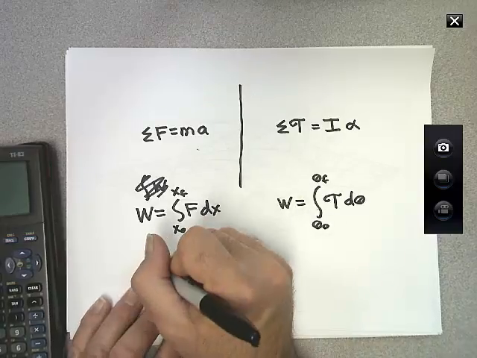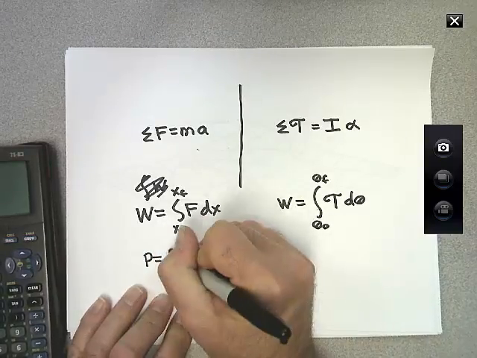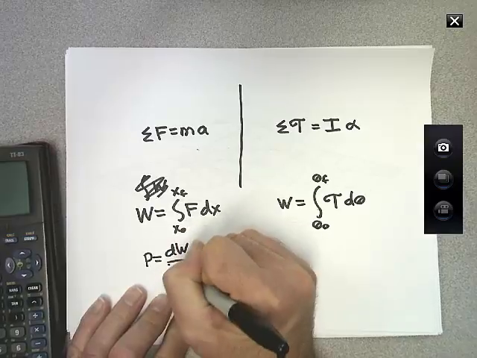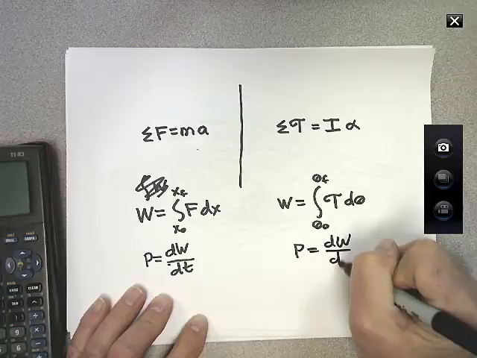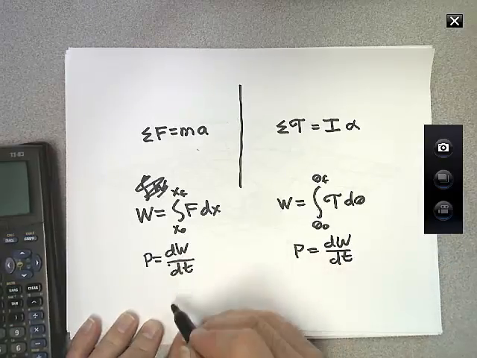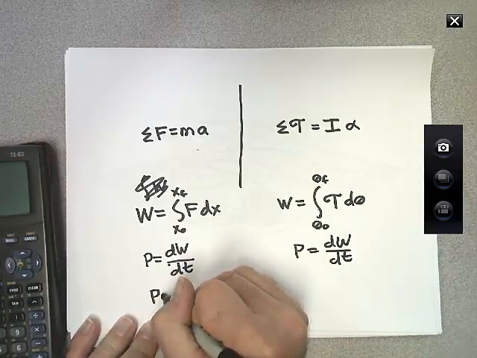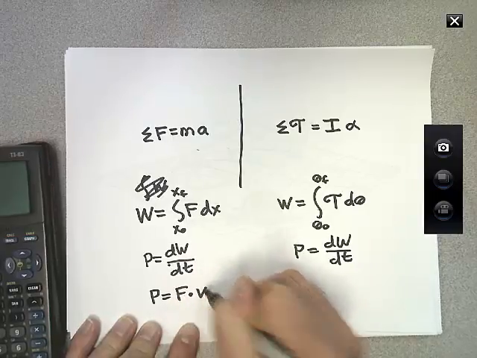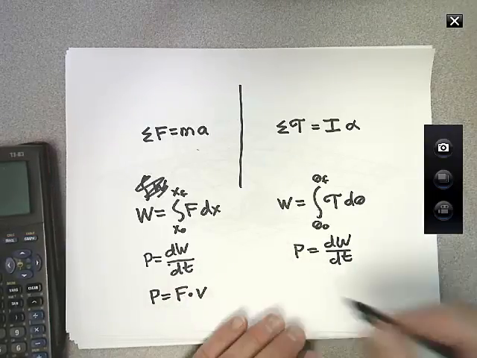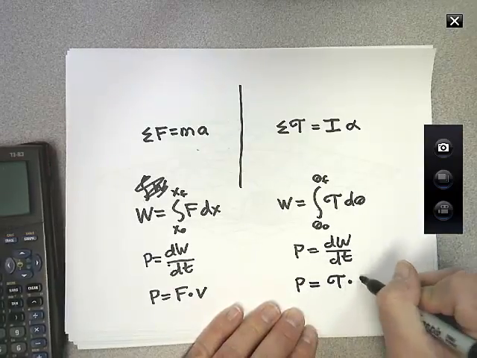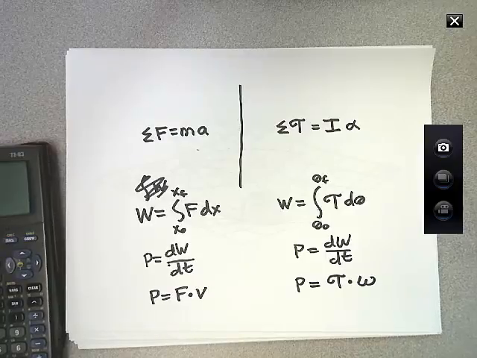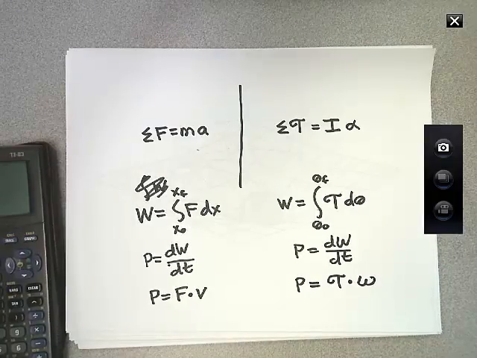Just like over here, power is dW/dt. Whereas here we can kind of play with it and say, hey, power is force dotted with velocity. Same deal over here, instantaneous power is torque dotted with rotational velocity. So again, the analogy from linear to rotational is pretty complete.